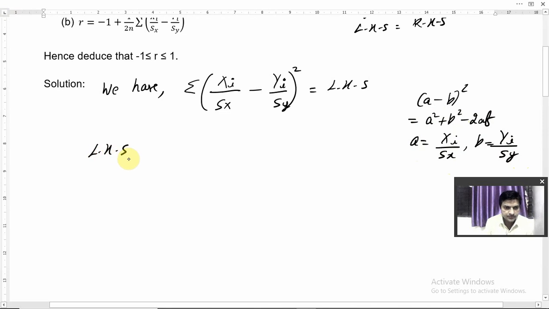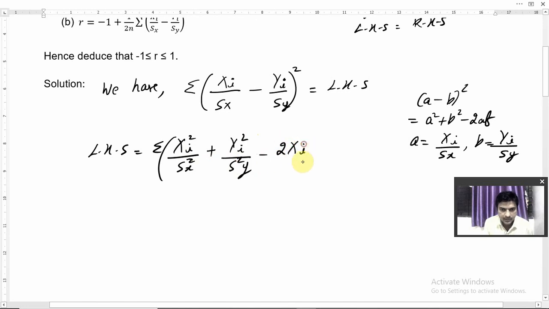So the LHS, I will take summation as it is. Now xi divided by sx the whole square: square in the denominator and numerator, plus b square, which is yi square by sy square, minus 2ab, where a is xi divided by sx and b is yi divided by sy.